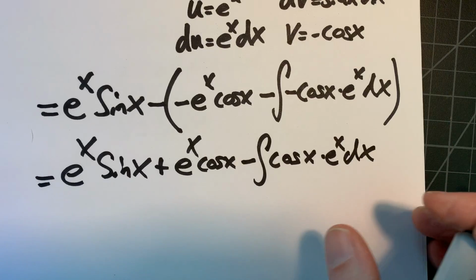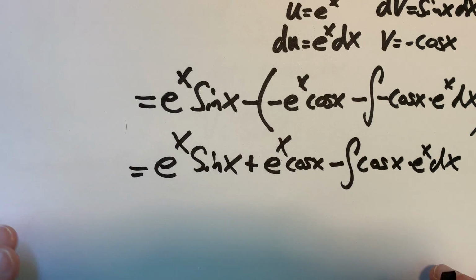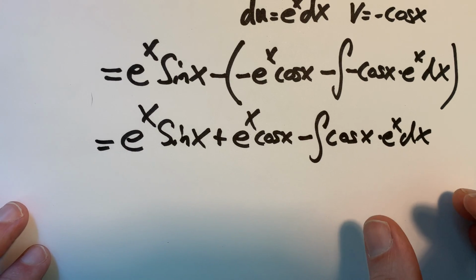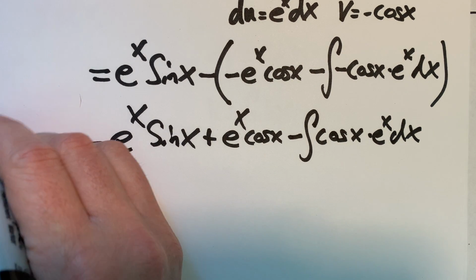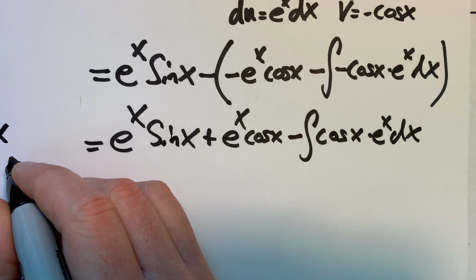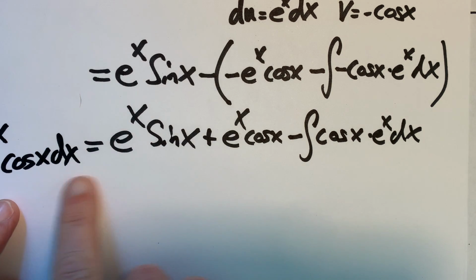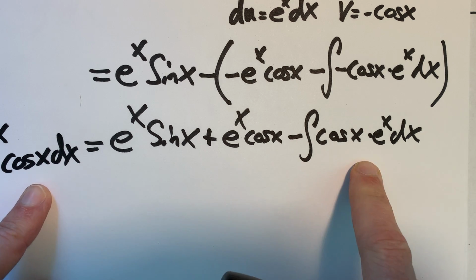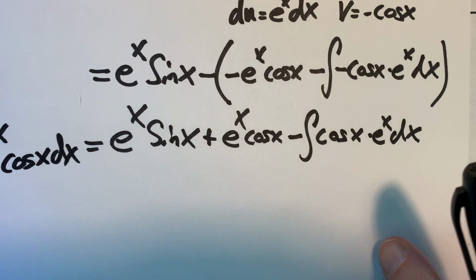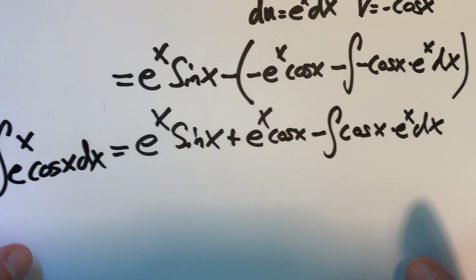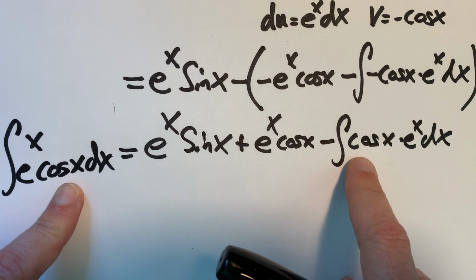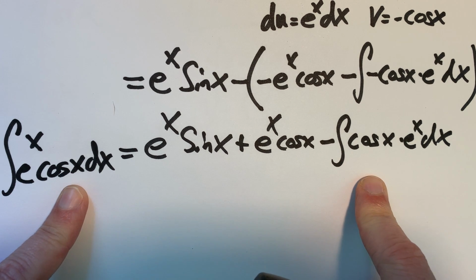Alright, let's just do a quick sanity check and see what it is we've even done here. Okay, so what have we done? We've said that the integral of e to the x cosine x dx equals this thing. Well, it spit itself out. And that was one thing that when I first saw this result, it blew my mind.